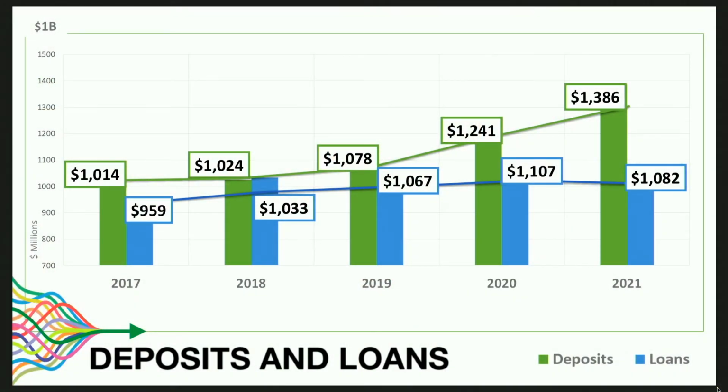In 2021, we saw our members remain focused on saving money and borrowing less as we all continue to face economic instability. As you can see in our first graph, deposits grew by $145 million. This was the second highest annual growth in our history. And on the other hand, loans decreased by about $26 million, our first decrease since 2013.